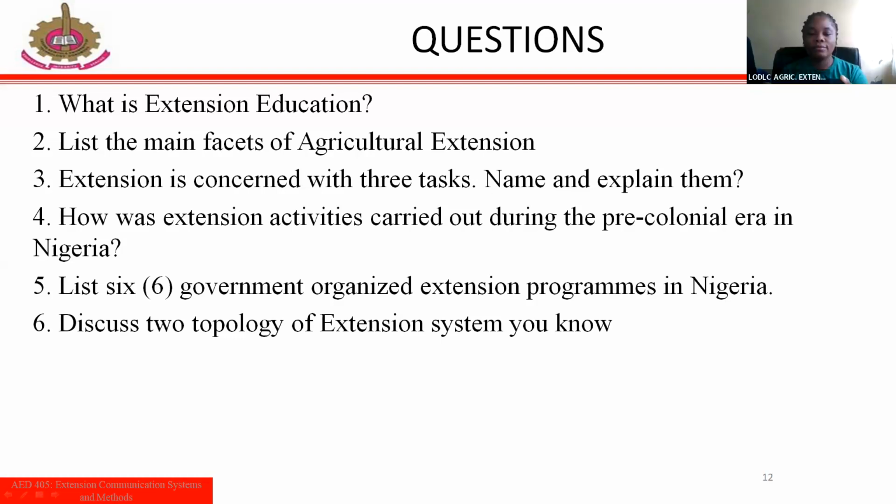The top-down extension system is the system of extension that aimed at delivering potential innovation to the farmers. Thank you very much. I appreciate.